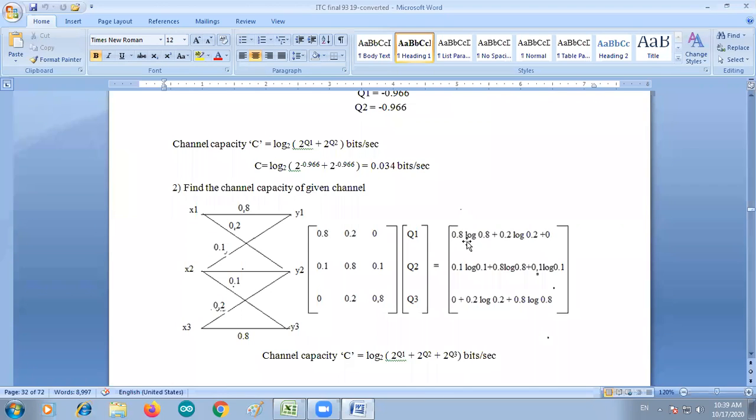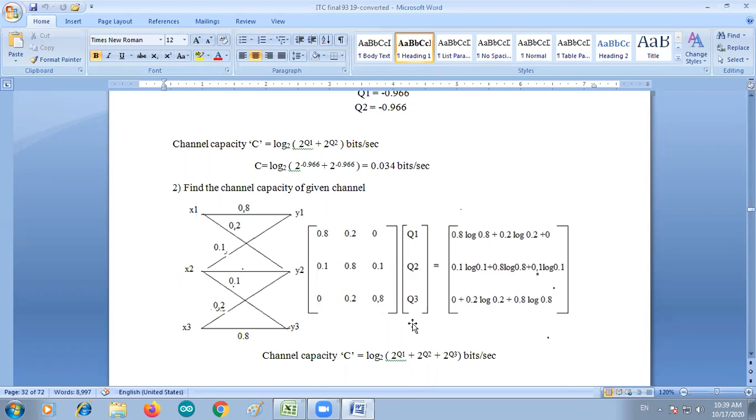That means P11 log P11 plus P12 log P12 plus P13 log P13, where P13 is 0. Like P21 log P21 plus P22 log P22 plus P23 log P23, that is 0.1 log 0.1 plus 0.8 log 0.8 plus 0.1 log 0.1.